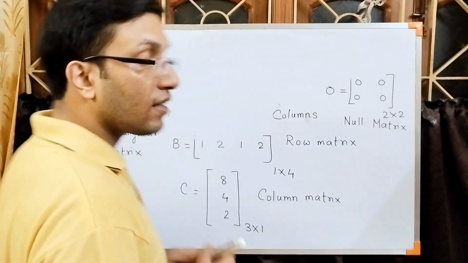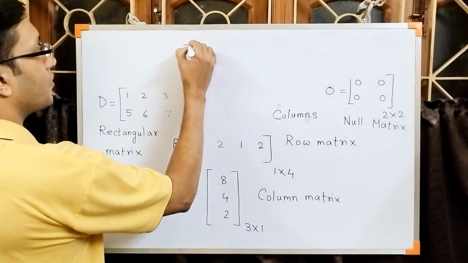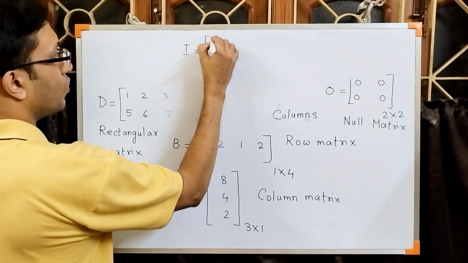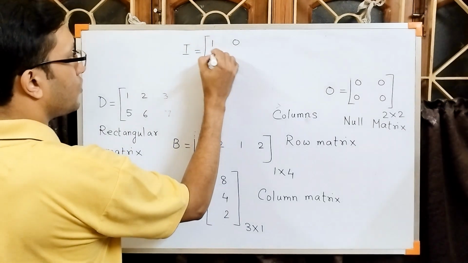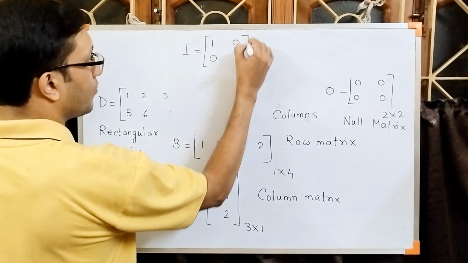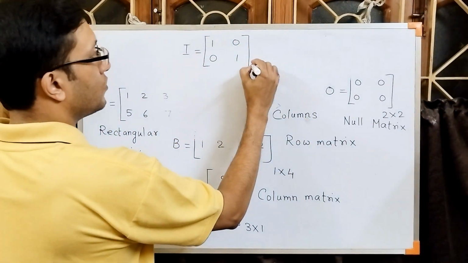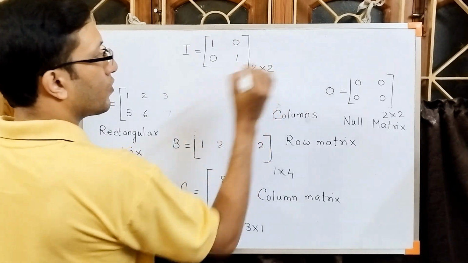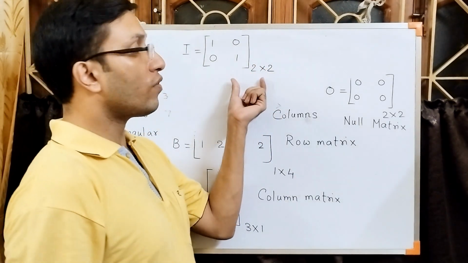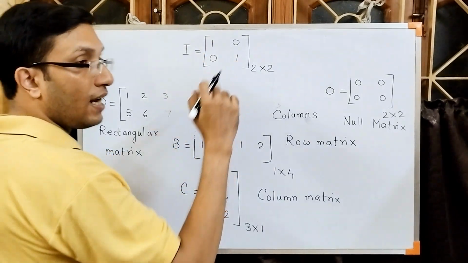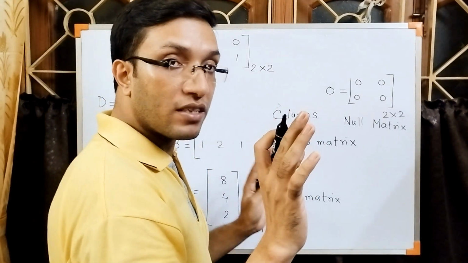Suppose I write another matrix I, like 1, 0, 0, 1. Here also there are 2 rows and 2 columns, so the order of this matrix is 2 cross 2, and the diagonal elements are 1, the remaining elements are 0.